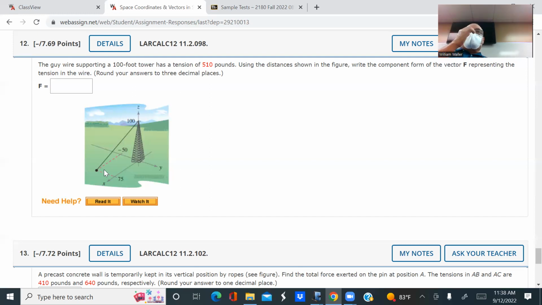However, the only tricky part here is making sure that the magnitude of the vector you write down matches the force in the problem. You cannot just write a vector that represents that wire, because more than likely you're not going to end up with a vector whose magnitude matches the force that has to be on the wire.